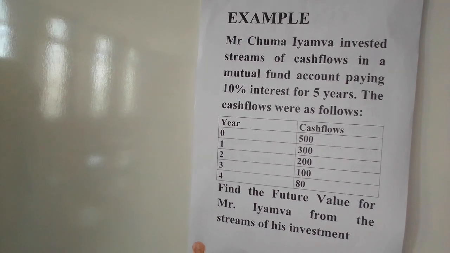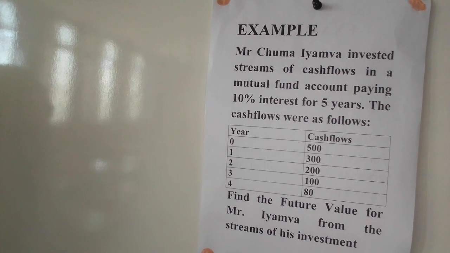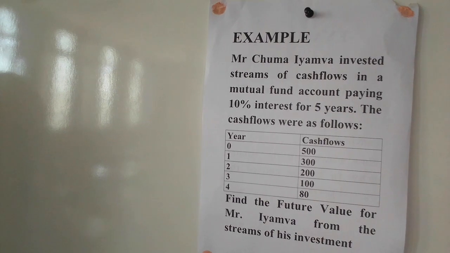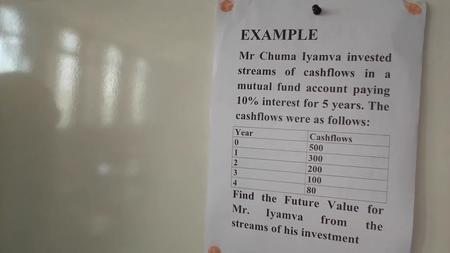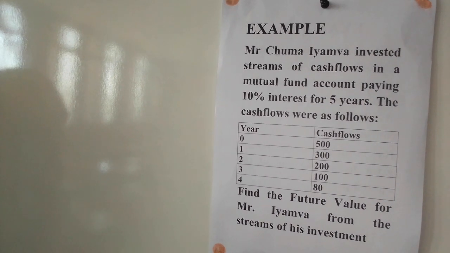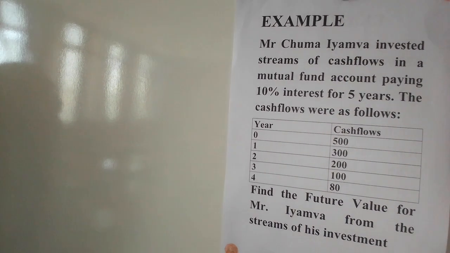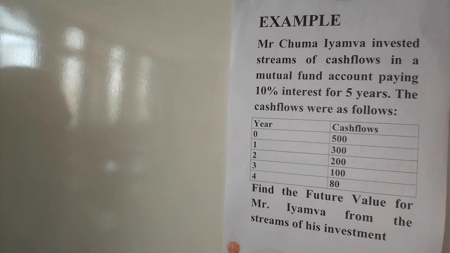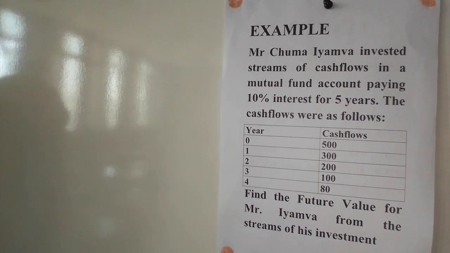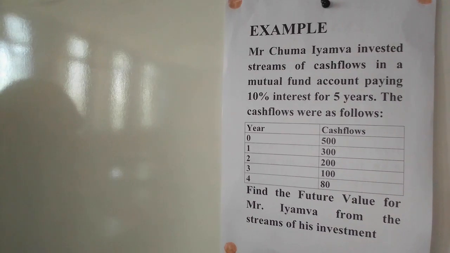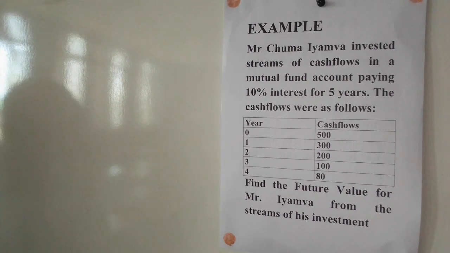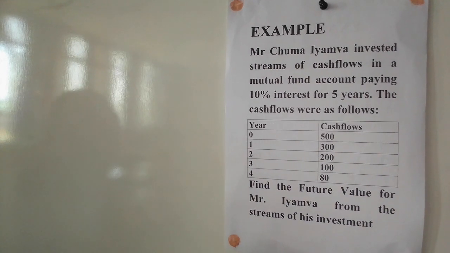Year 0, cash flow, we have 500. Year 1, 300. Year 2, 200. Year 3, 100. And year 4, cash flow is 80. Now, the question is, find the future value for Mr. Iyamvwa from the streams of his investment.